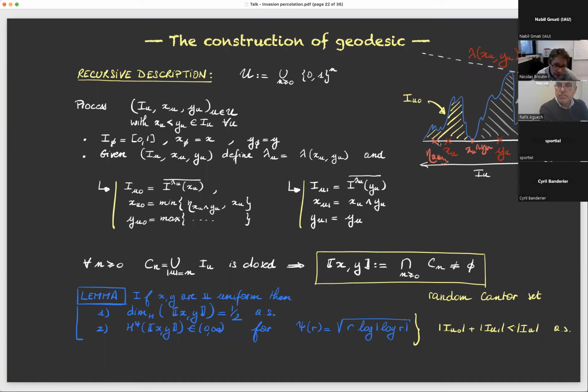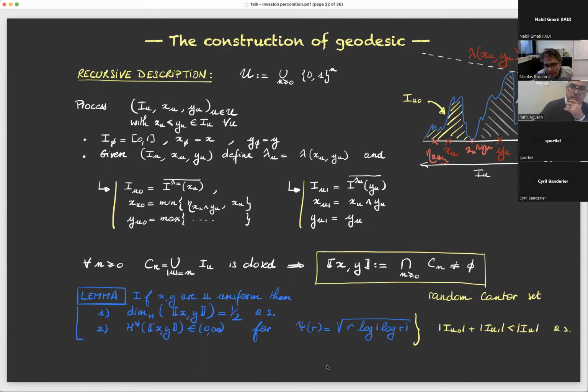So this is only the set of points. And then you define some Hausdorff measure for a gauge function, which is exactly the one in blue, psi of r, which is square root of r log of absolute value of log r. If you take the Hausdorff measure for this gauge function on the set we described, the red one, then you find something that is equal to the distance up to a multiplicative constant.